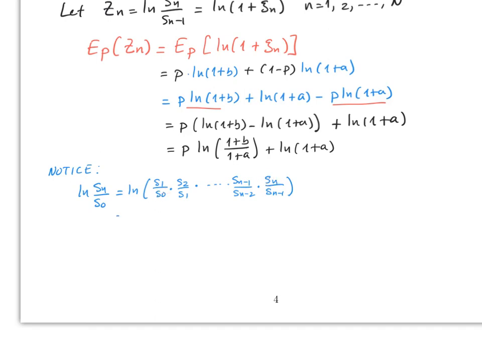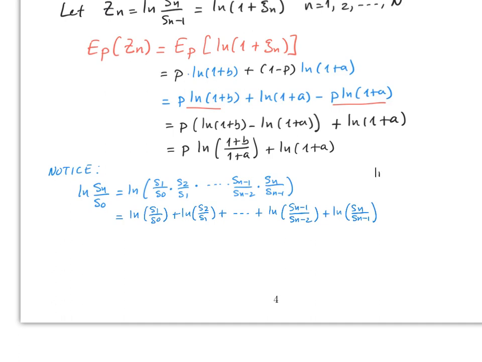Now, by the properties of logs, this is the same thing as ln of S_1 over S_0 plus ln of S_2 over S_1, and so forth, until you get to the last two: ln of S_{n-1} over S_{n-2}, plus ln of S_n over S_{n-1}.